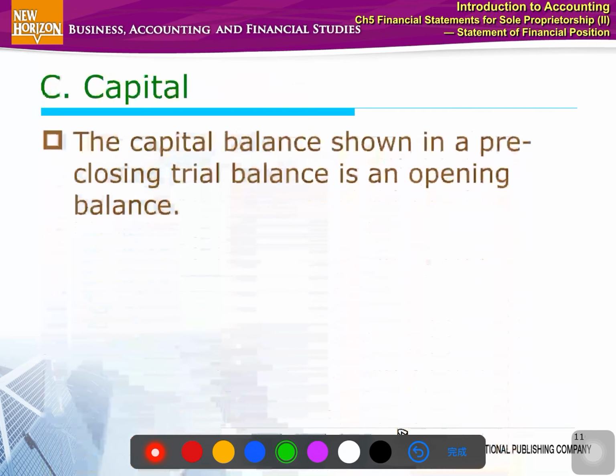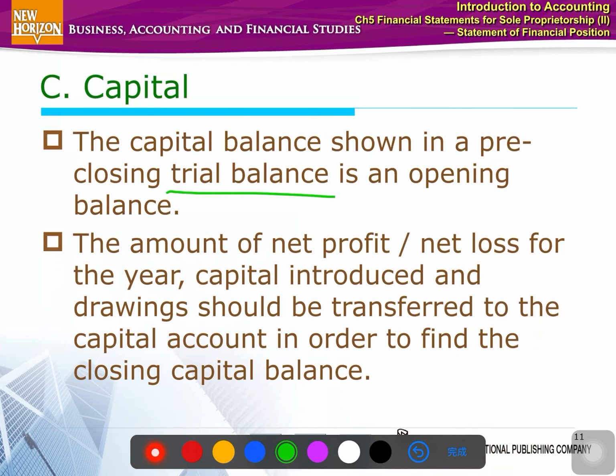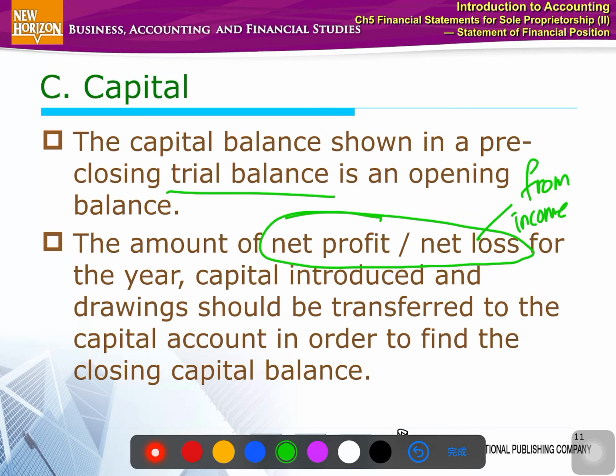For capital, the opening balance of capital will be shown in the trial balance. And how can we find the capital closing balance? We can use the opening balance shown in the trial balance and the net profit or net loss we find in the income statement.